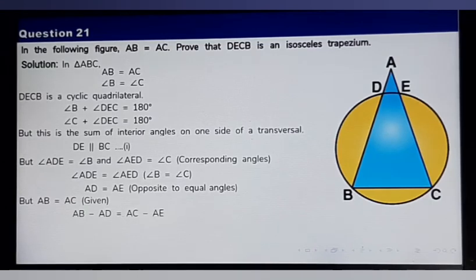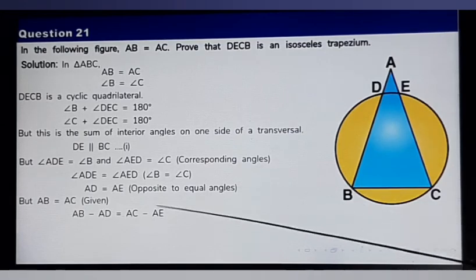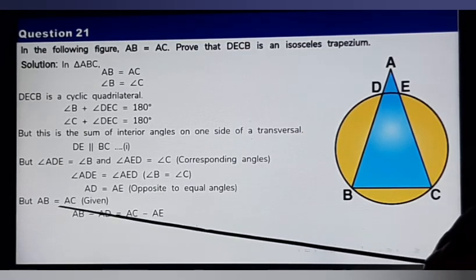From here we have AB minus AD. See carefully: I have subtracted AD from both sides.